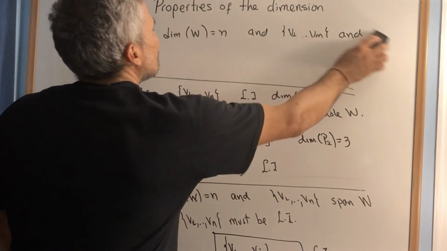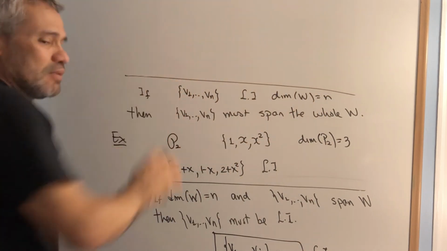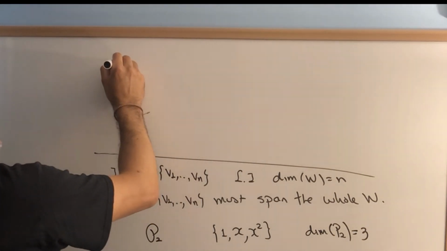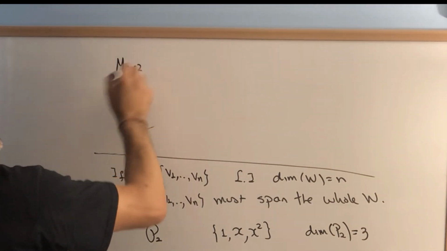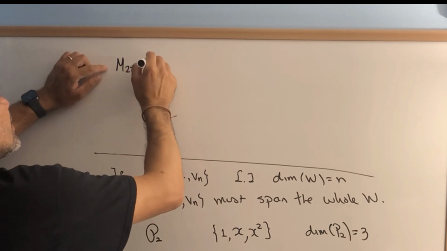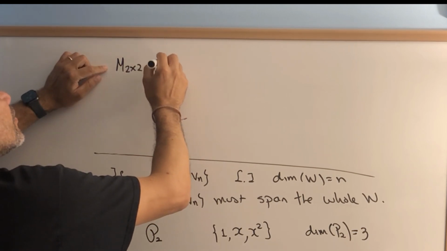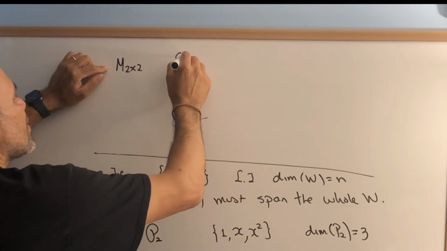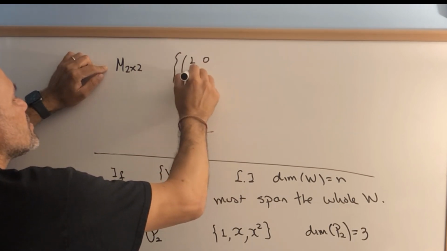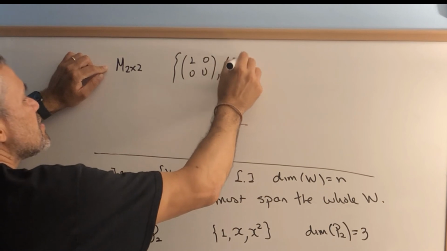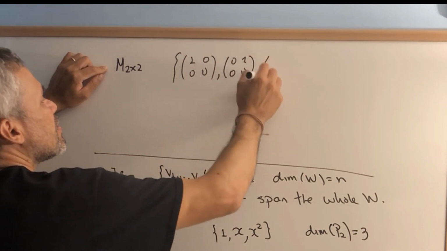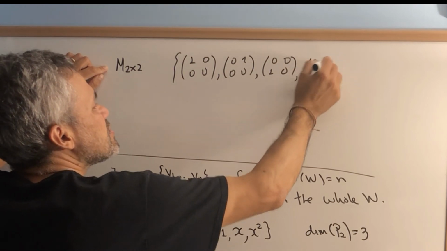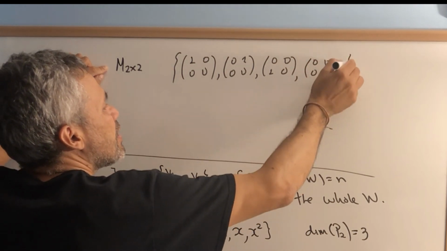Let me show you another example. Consider the matrices, 2 by 2, right? This is a vector space of dimension 4. Here is a basis: 1, 0, 0, 0; 0, 1, 0, 0; 0, 0, 1, 0; and 0, 0, 0, 1.